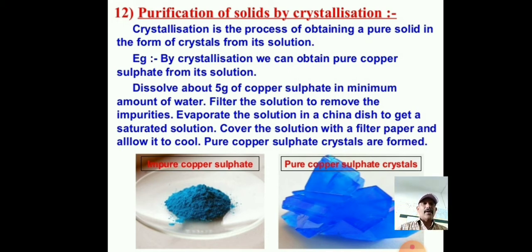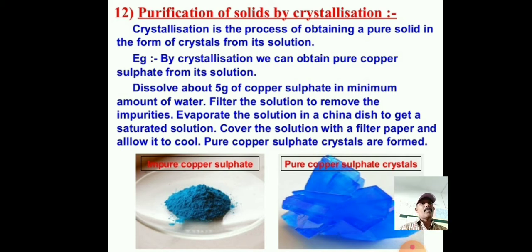Next, dissolve about 5 gram of copper sulphate in a minimum amount of water. You are adding a minimum amount of water. Filter the solution to remove the impurities, evaporate the solution in a china dish to get a saturated solution, cover the solution with filter paper and allow it to cool.